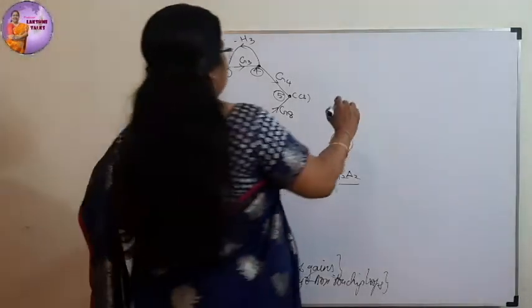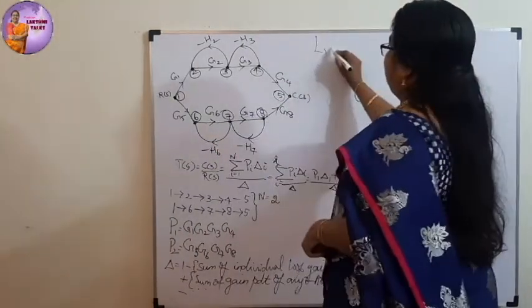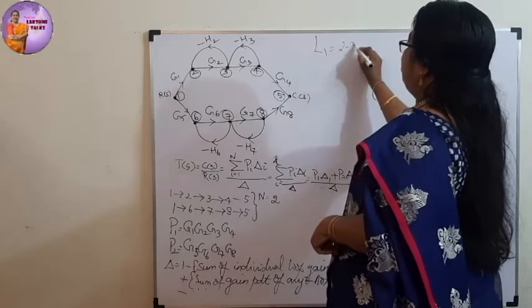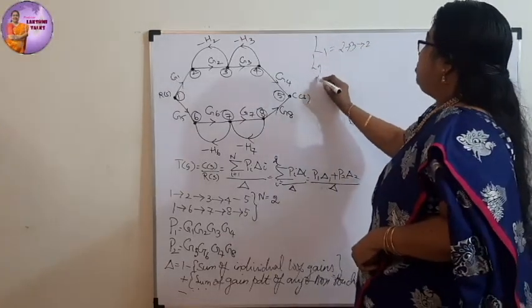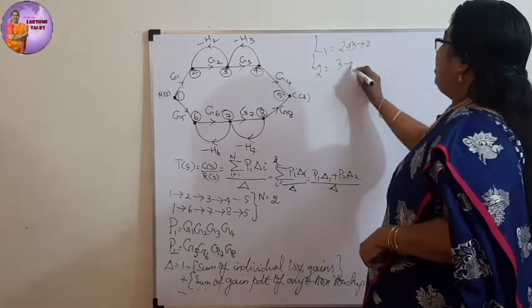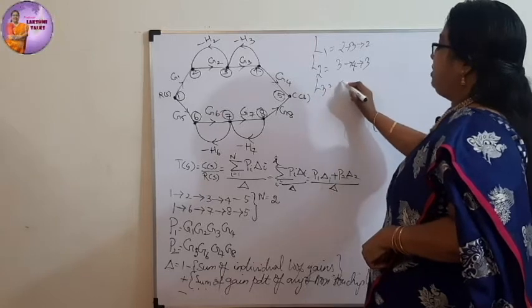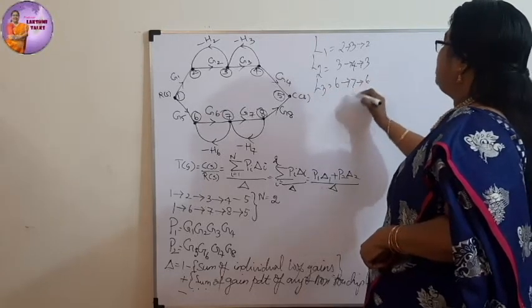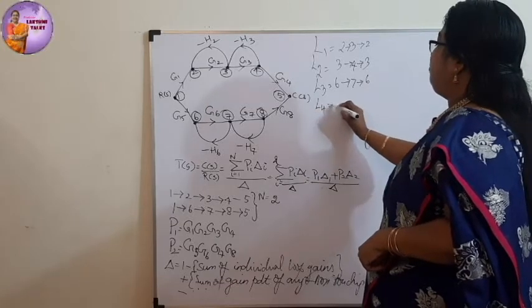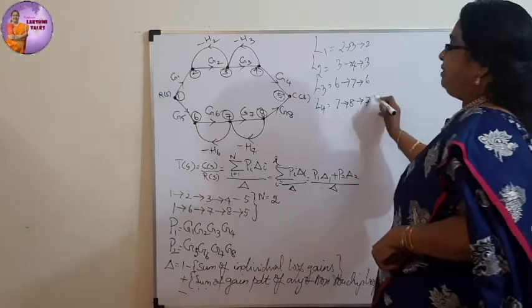So let us write those loops. L1 is 2 to 3 and 3 to 2, that is the first loop. L2 is 3 to 4 and 4 to 3. L3 is 6 to 7 and back to 6. L4 is 7 to 8 and then back to 7.